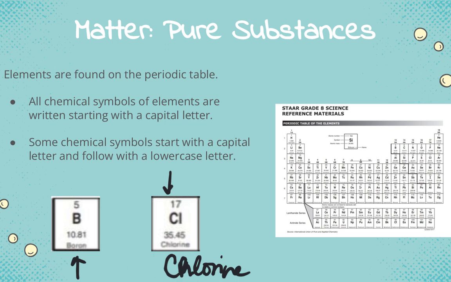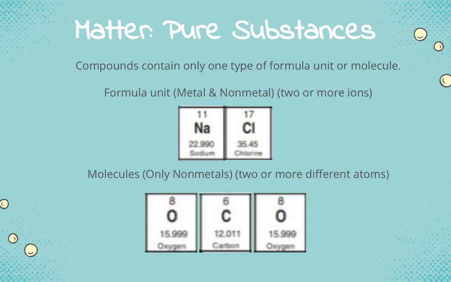But we know that if I'm writing a compound that has, say, boron and chlorine in it, that this has two different elements because of the uppercase capitalized letters in that formula. So that indicates that there are two different elements in that formula. So compounds contain only one type of formula unit or molecule.